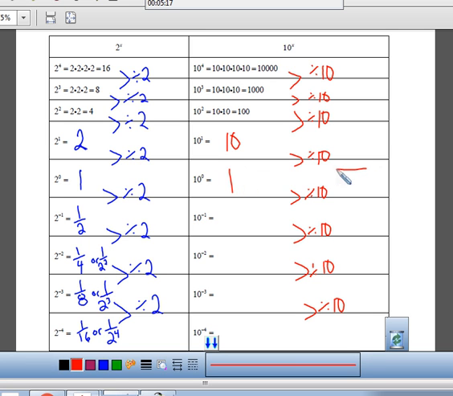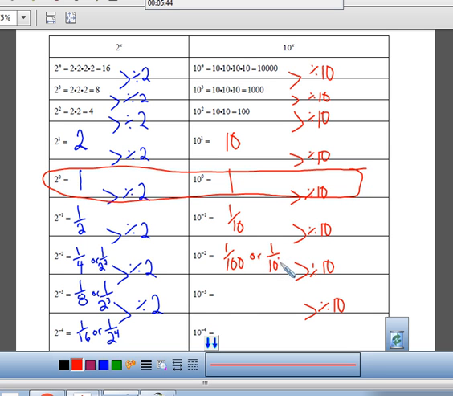So, this is the big idea here with anything to the 0 power. Anything to the 0 power is always 1. Okay, so 1 divided by 10, that is 1/10, or 1 over 10 to the first. 1/10 divided by 10, a tenth of a tenth, is 1/100, or 1 over 10 squared. 1/1000, or 1 over 10 cubed.